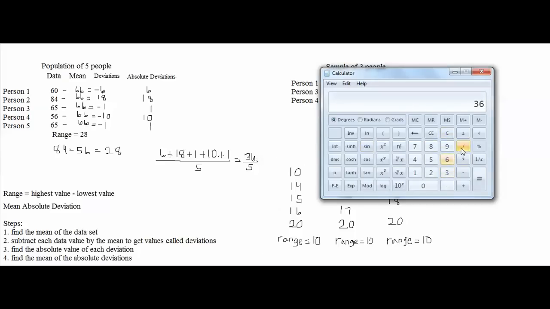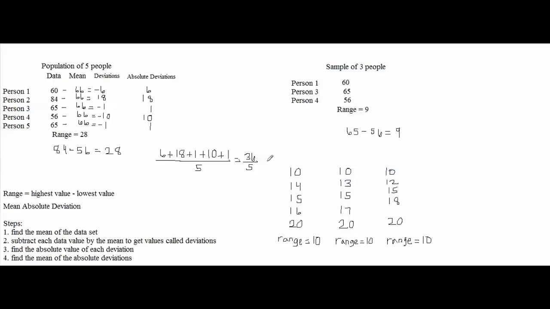Now we divide by 5. We get 7.2. So the mean absolute deviation of the entire population is 7.2. I'll abbreviate like this.